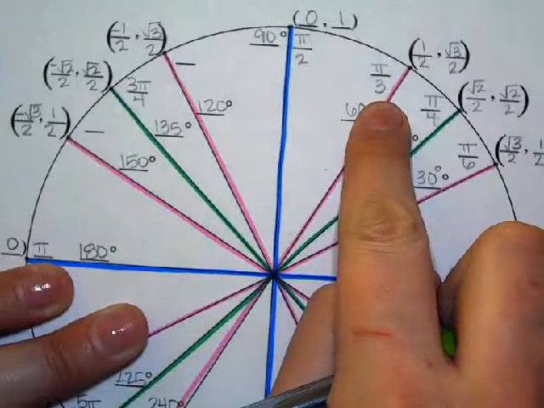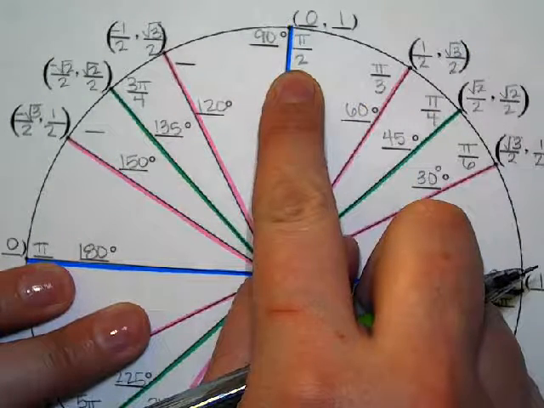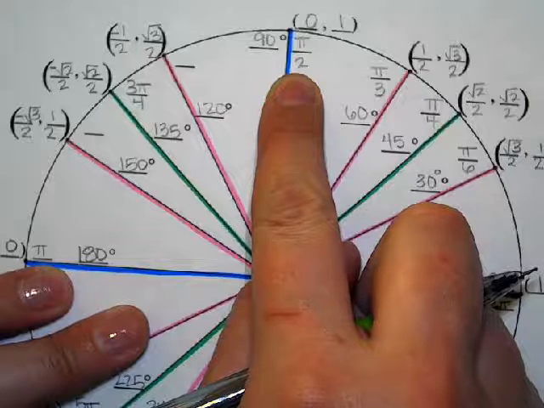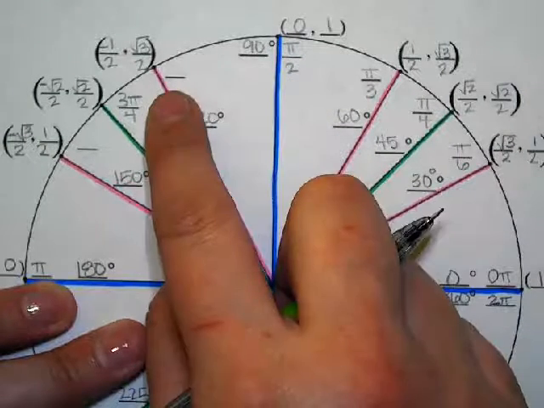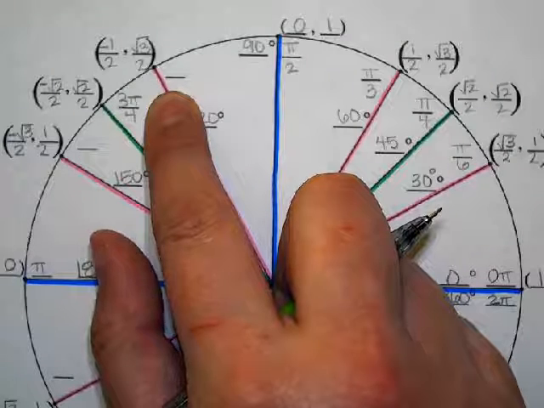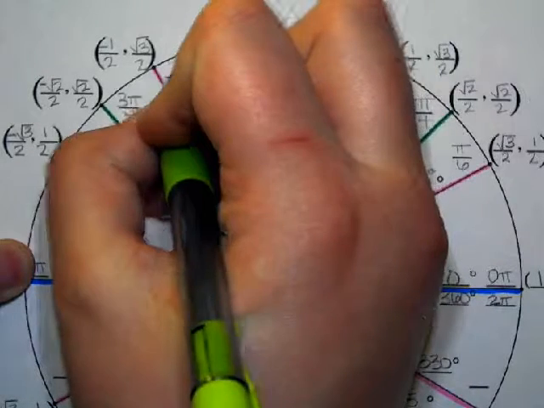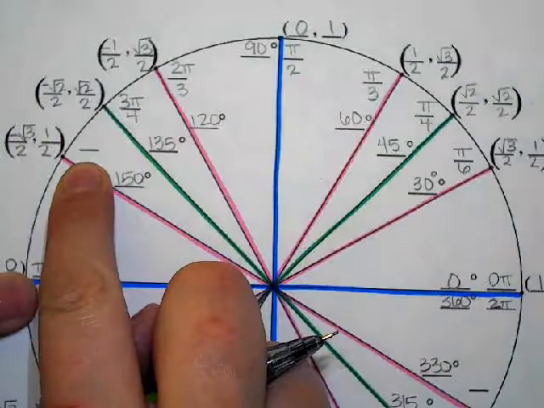Then we got 4/6, which we're going to simplify before we write it down. 2/3. Then we got 5/6, which is just 5/6. And then we got 6/6, which we already wrote down. You guys agree this is 6/6? Yeah.